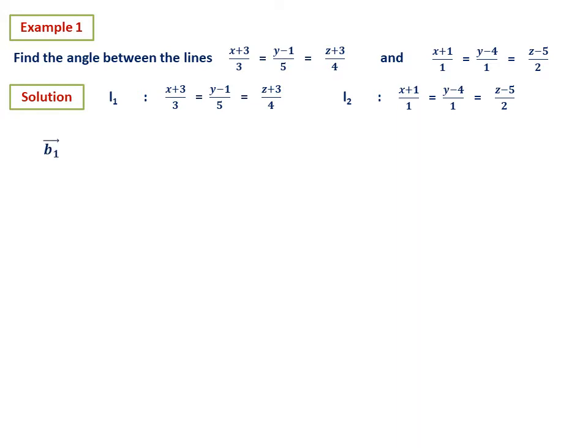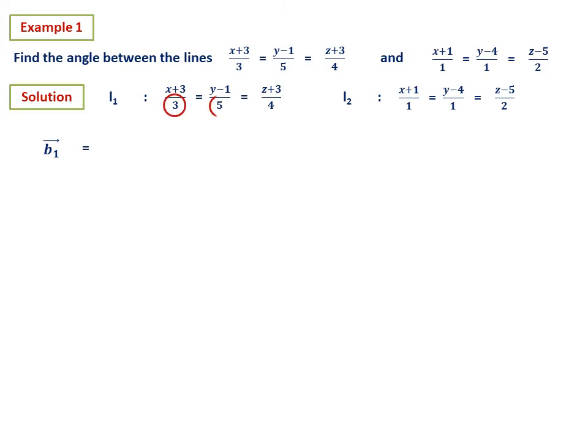So first you have to identify what is B1. If you remember, the equation of the line in Cartesian form is (x minus x1) by A equal to (y minus y1) by B equal to (z minus z1) by C. There A, B, C, that is A i plus B j plus C k, is the vector.